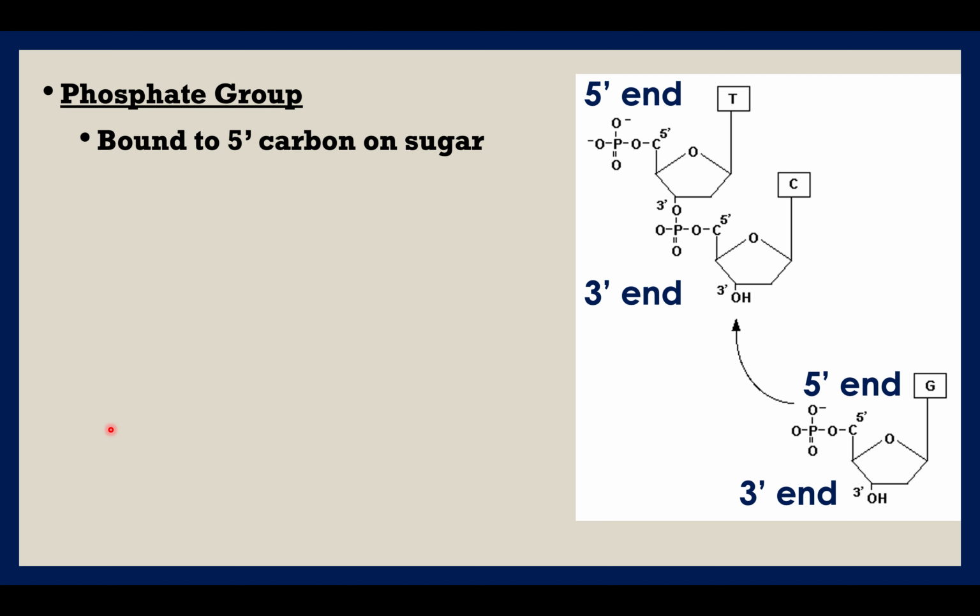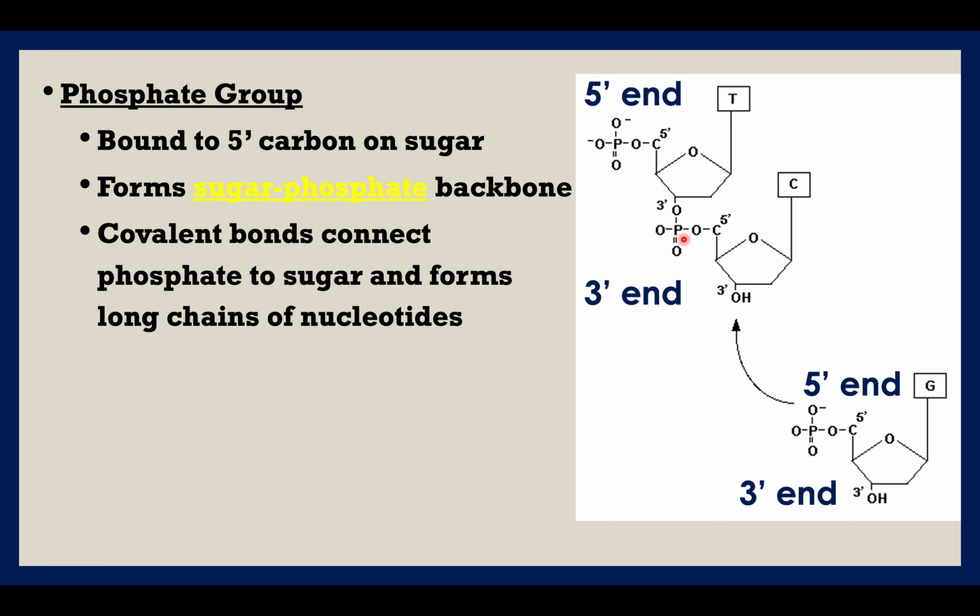These phosphate groups are what keep the strand itself together. These phosphate groups are bound to the 5' carbon on the sugar. As you can see here, this is the 5' carbon, and it is bonded to the phosphate. Here is another 5' carbon, bonded to the phosphate. This forms the sugar phosphate backbone.